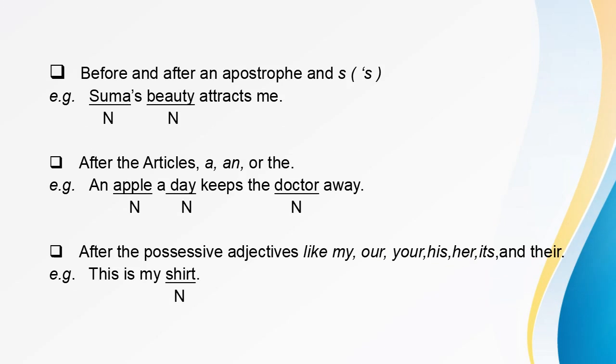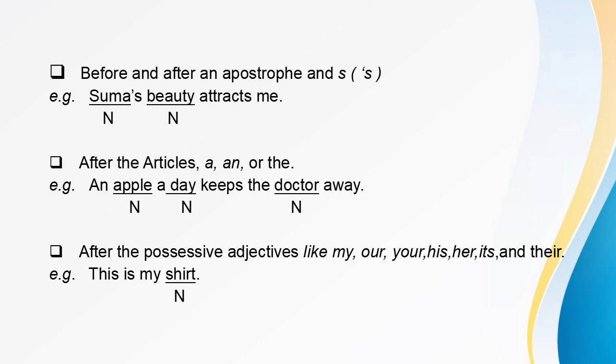Dear students, I hope you have understood the first two rules of the identification of a noun in a given sentence. Now, let us learn the third rule of identification of a noun in a sentence. Read the point, dear students.